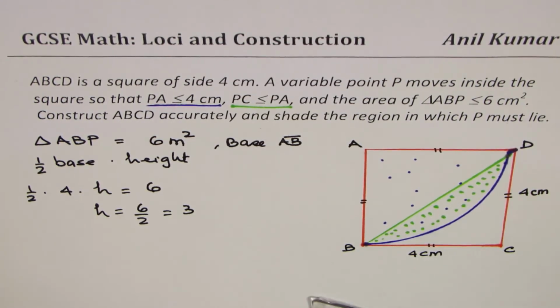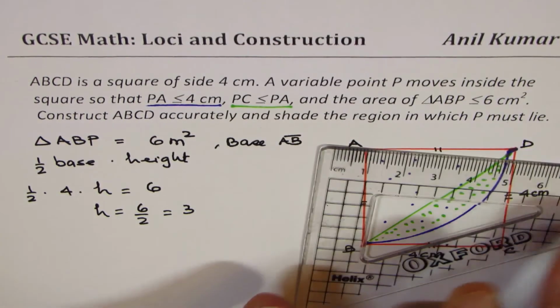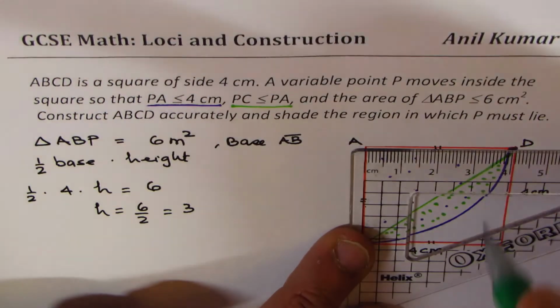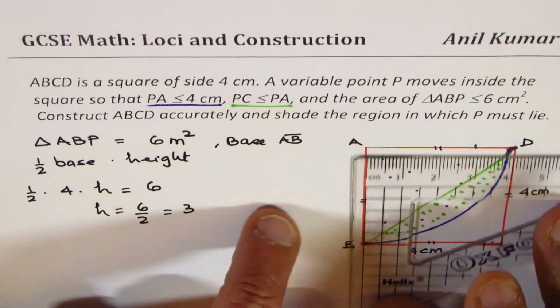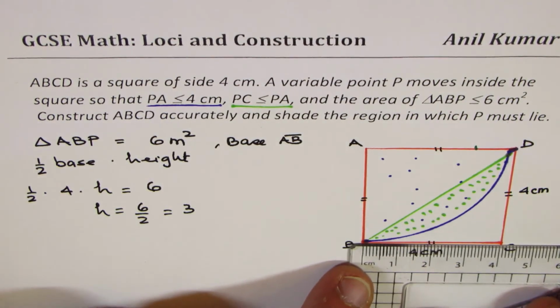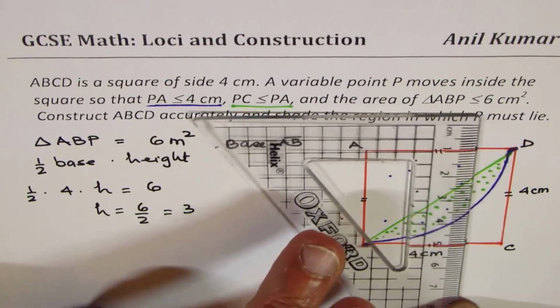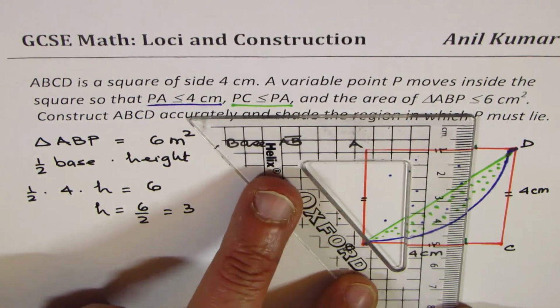So what we can do is we can mark 3 centimeters and draw a region within that. Correct? That should give us the answer. So let's take 3 centimeters from A, which is here, and mark here also 3 centimeters. The line joining this.